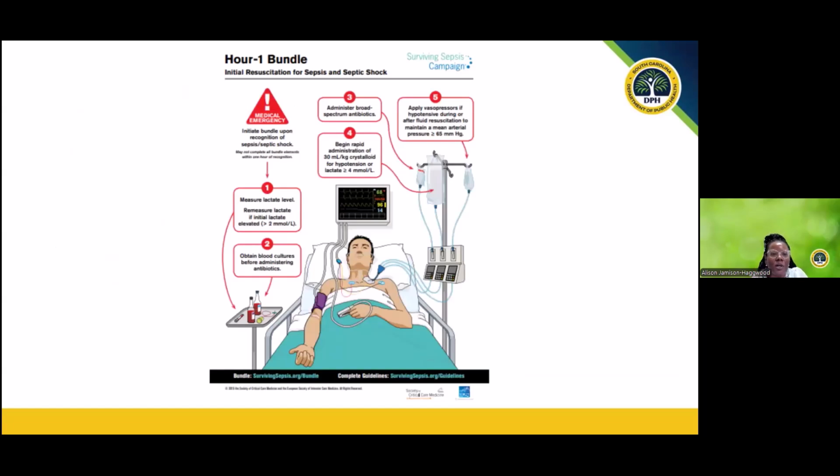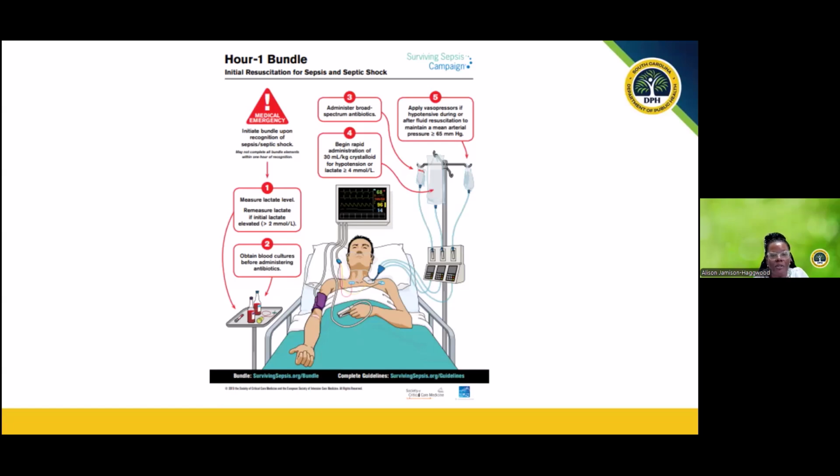And so this is just an infographic of what the 1 hour bundle looks like. So it just shows here, once you've recognized that this patient may be septic, you want to go ahead and measure those lactate levels. And then it says here that you want to remeasure if the initial lactate levels are greater than 2. You want to get those blood cultures before administering the antibiotics.